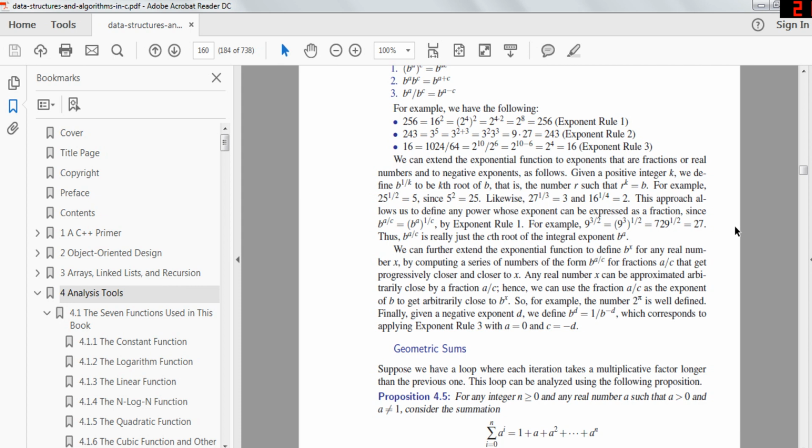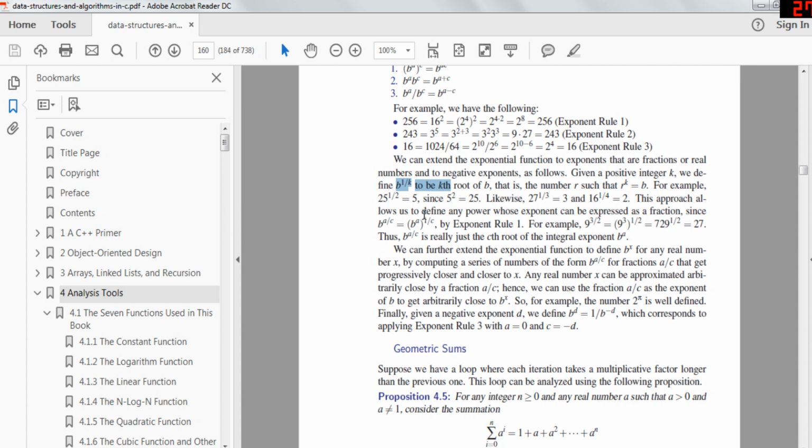That is a number r such that r to the k equals b. So what they're saying is b to the 1 over k is the kth root of b. So r to the k equals b.